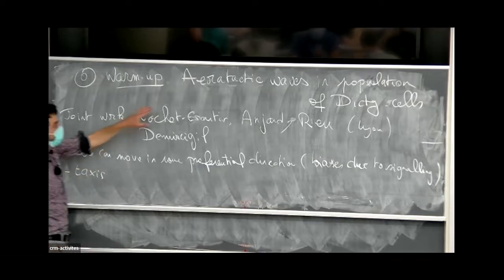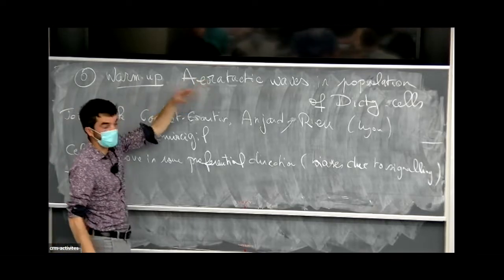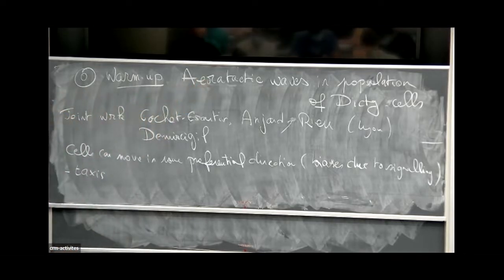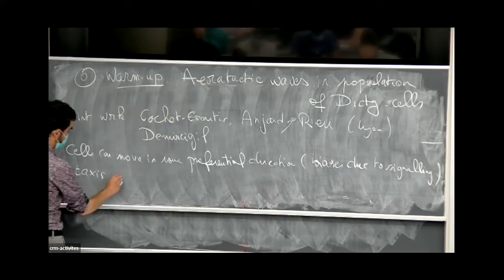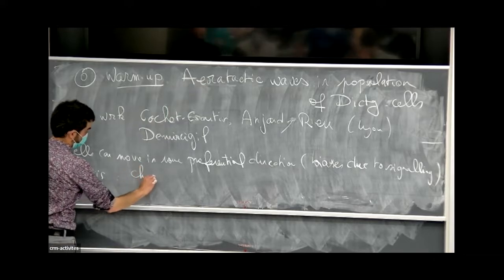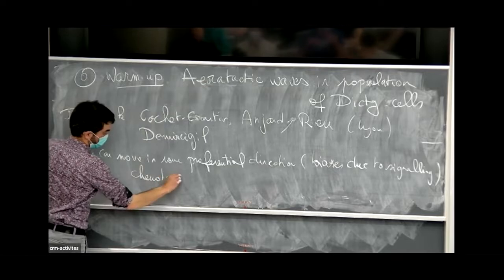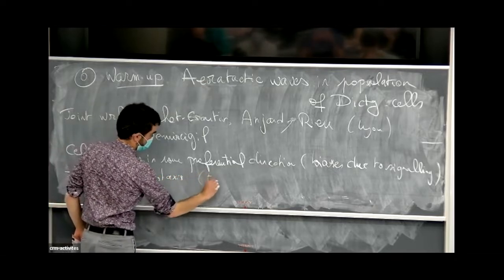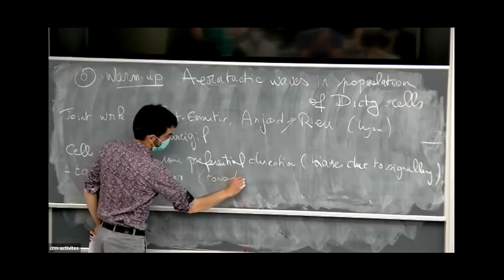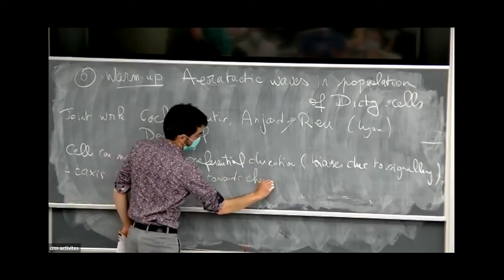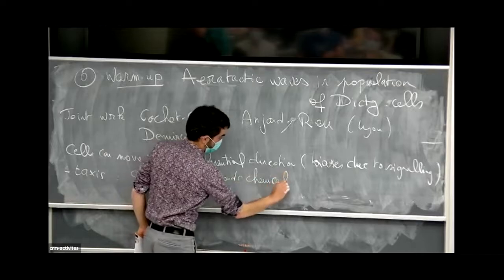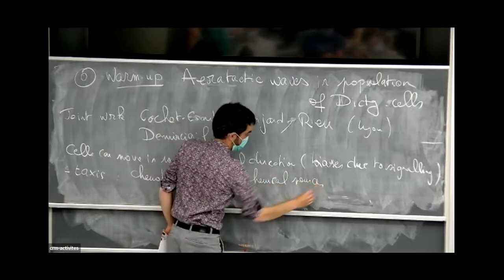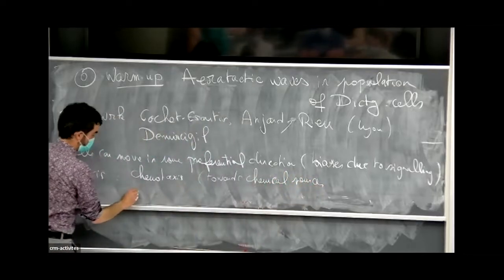Here, in my first case study, it's aerotaxis, so it's taxis towards oxygen. You can have, for example, chemotaxis, which is a field in mathematical biology, a taxis toward chemicals. Or for today, aerotaxis.